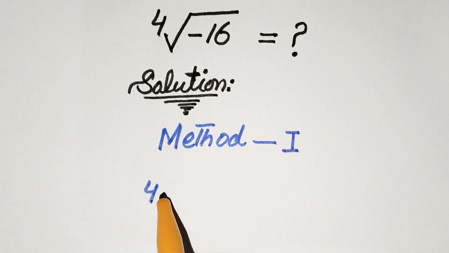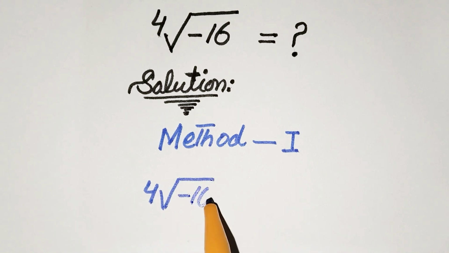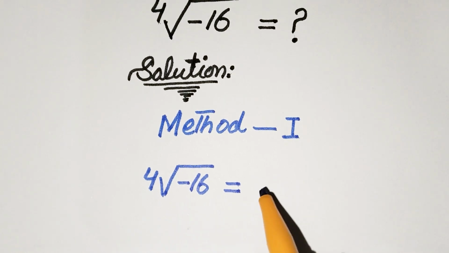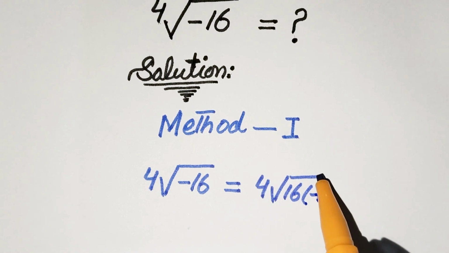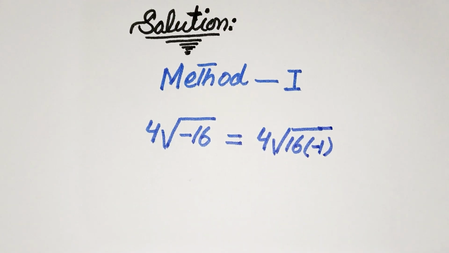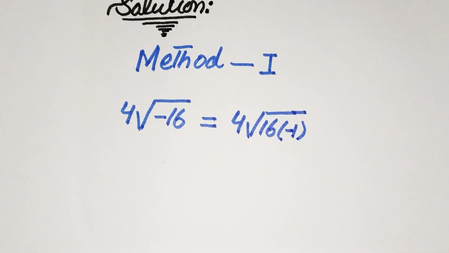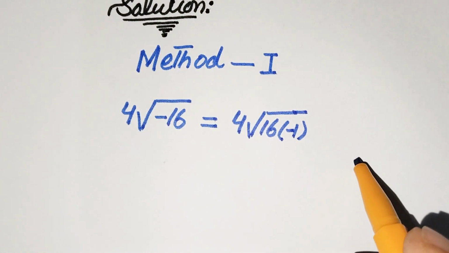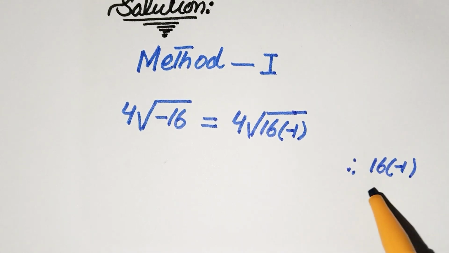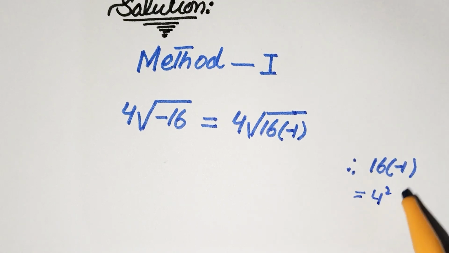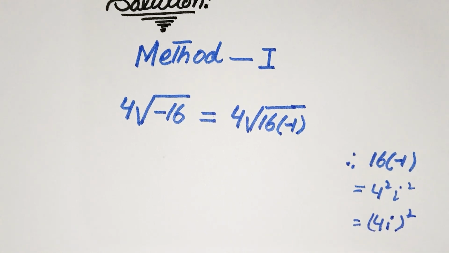now we are going to write the fourth root of minus 16. As we know, minus 16 can be written as 16 times minus 1, and here minus 1 is i squared. 16 is actually 4 squared, and minus 1 is i squared, so we can also write it as (4i) whole squared.